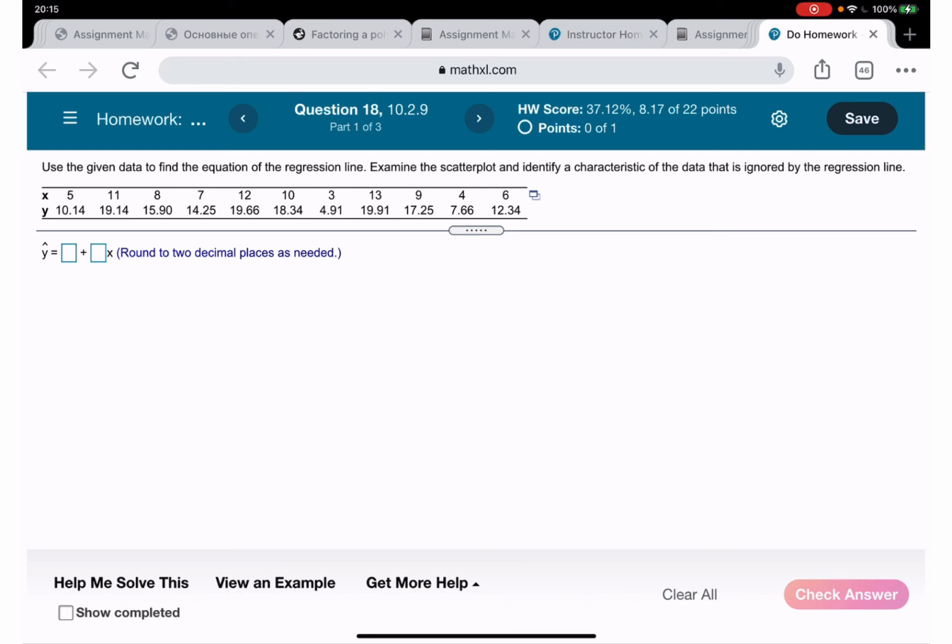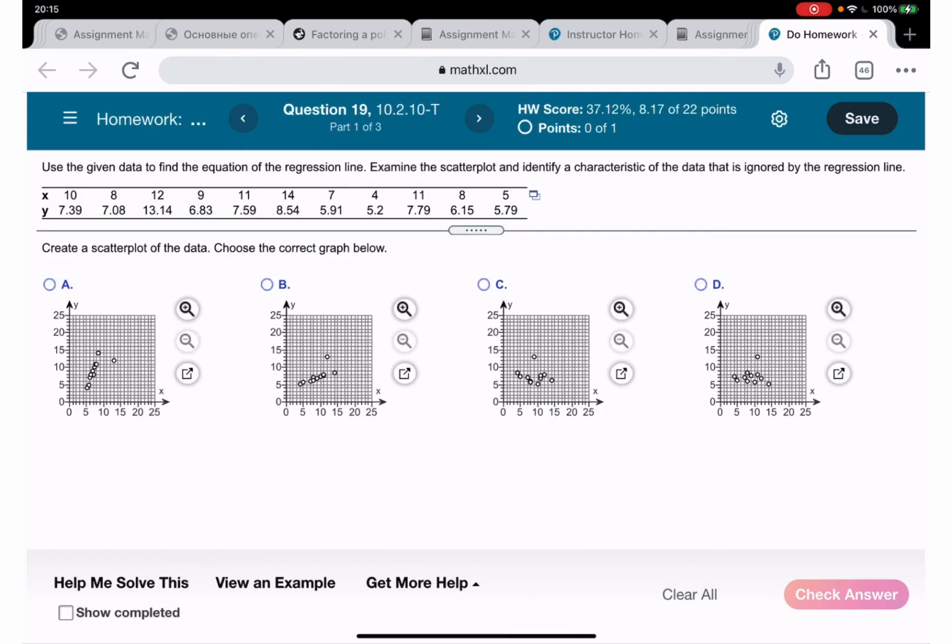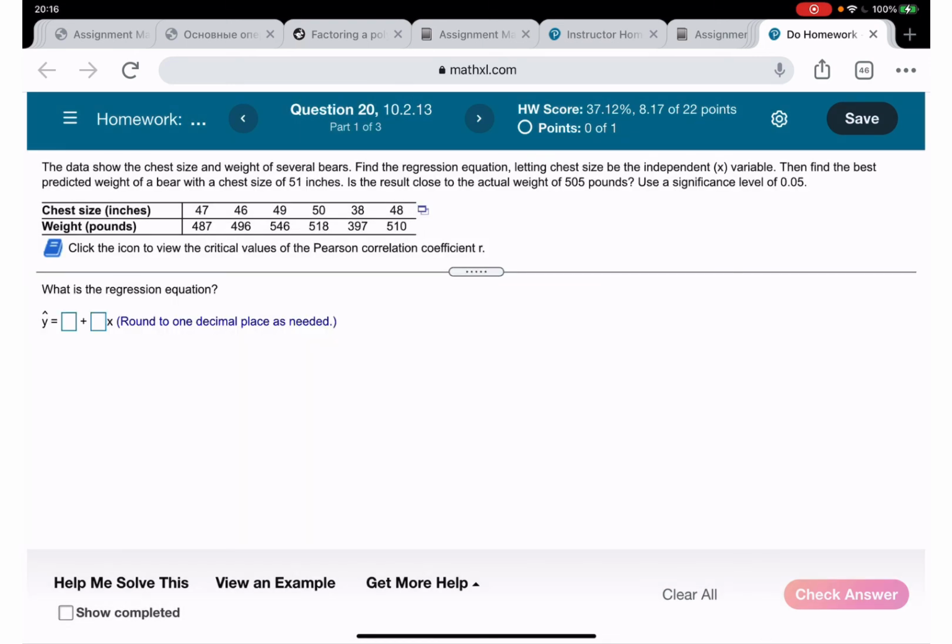I'm moving on to number 19. It's the same thing, you can do it. Number 20 is also absolutely the same thing. So y hat, let's do this one.